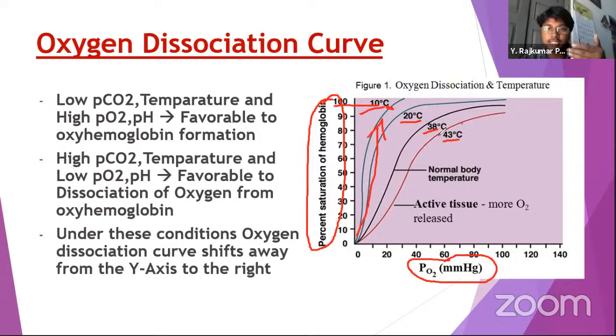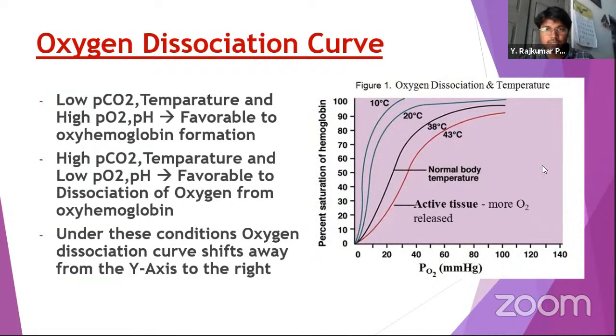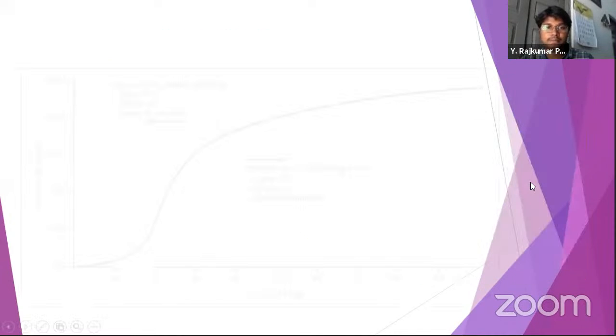When the temperature is increased, slowly the oxygen is dissociating. Here you can see this is 70%, 80%, and 100%. When the temperature is low, the oxygen binding is more. When the temperature is high, the oxygen binding is less. Hope you have understood.